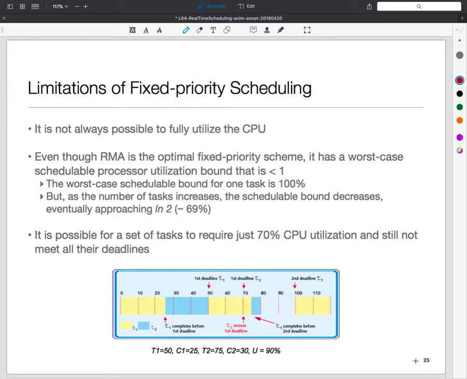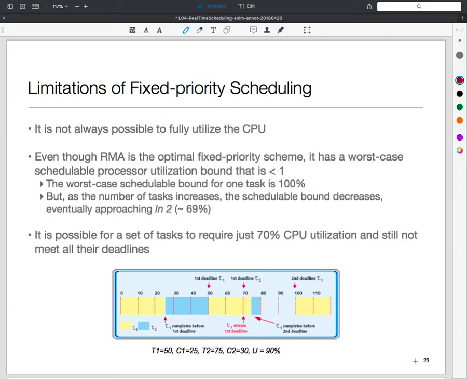And so one result is the following: if I have a processor which is sufficiently fast so that U is less than or equal to roughly 69%, then the task set is schedulable. Okay, so I can make any task set you give me with deadlines schedulable by picking a fast enough processor so that U is less than or equal to 69% or so. But that's for an arbitrary number of tasks.